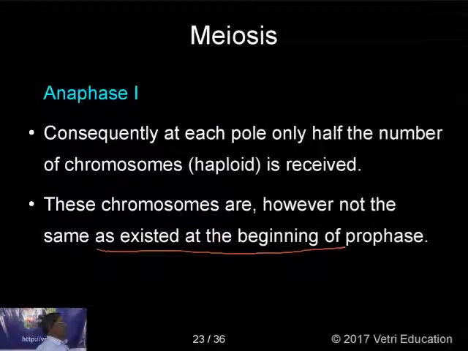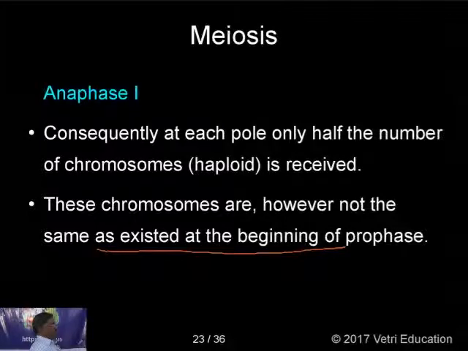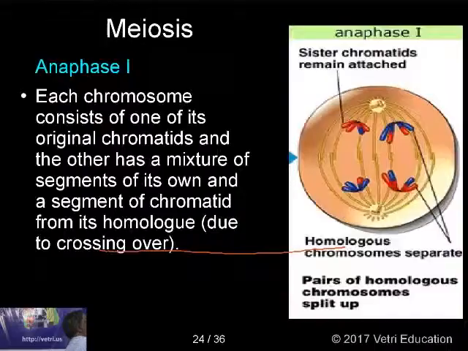Consequently, at each pole only half the number of chromosomes is received. These chromosomes are, however, not the same as existed at the beginning of the prophase. They are completely different, because the chiasmata and crossing over take place.